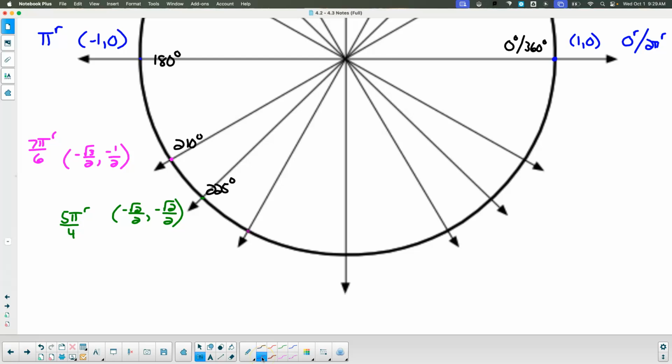Next one is going to be -1/2, comma, -√3 over 2, or 4 pi over 3 radians, or 240 degrees. Next one is going to be 0, -1, or 3 pi over 2 radians, or 270 degrees.